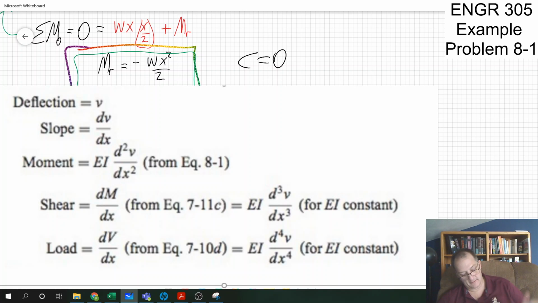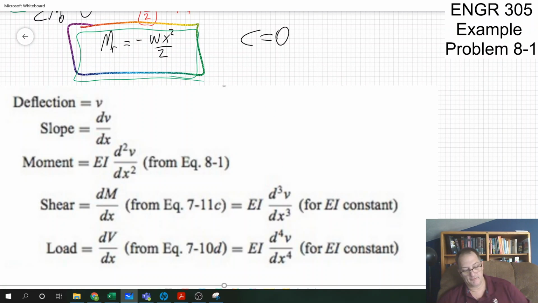Before I slide that off the top of the page, M is equal to that, so it equals 1 over EI times the integral of minus W x squared over 2 dx. Is that hard?